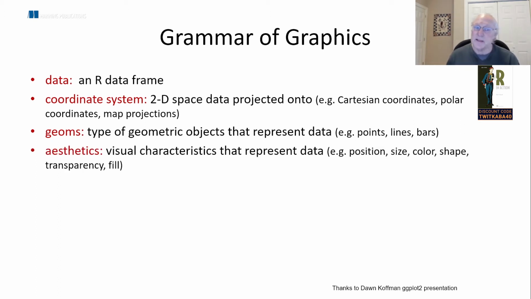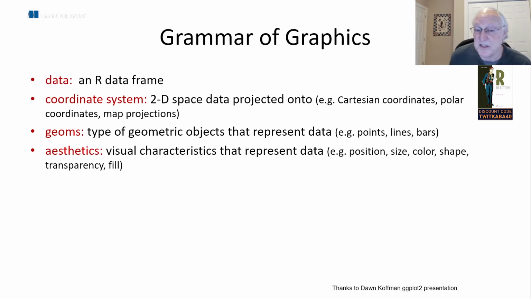And then the aesthetics are basically the mapping between characteristics of our data and visual aspects of our graph. So for example, we may make salary represented by the height on the y-axis and years of experience be the position on the horizontal axis, x.